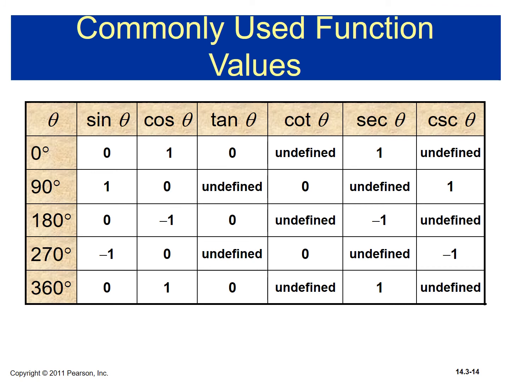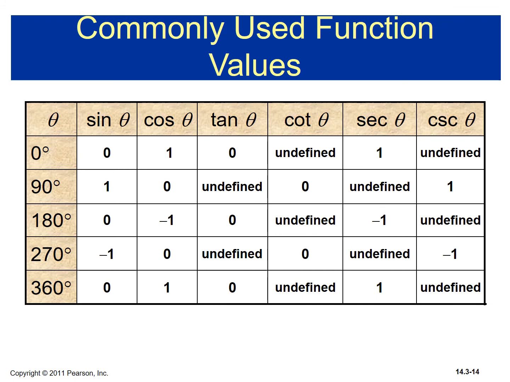So sine of 90 is 1, sine of 180 is 0, sine of 270 is -1, sine of 360 is 0. So you're working your way around the origin. Cosine is 1, 0, -1, 0, and 1. Tangent, 0, undefined, 0, undefined, 0. Notice those all come out. The zeros are undefined. So now the reciprocals.